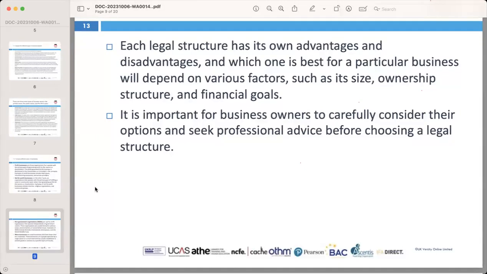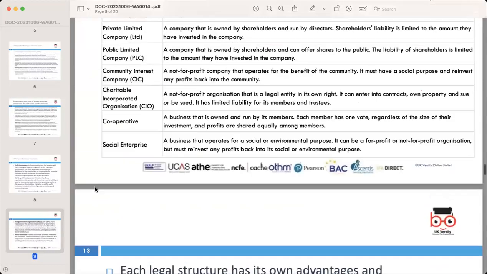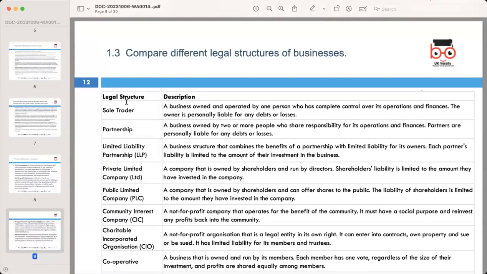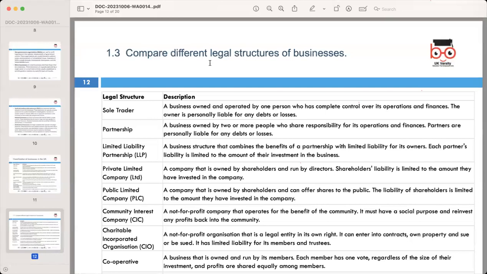So each legal structure has its own advantages, and here we compare different legal structures of businesses. Sole trader here is talking about a legal structure between different businesses. Sole traders typically cater to a local market.